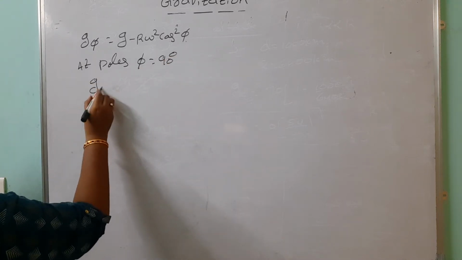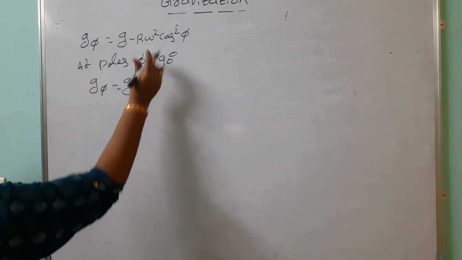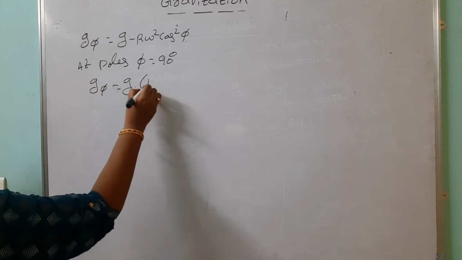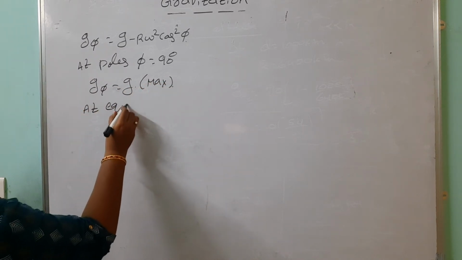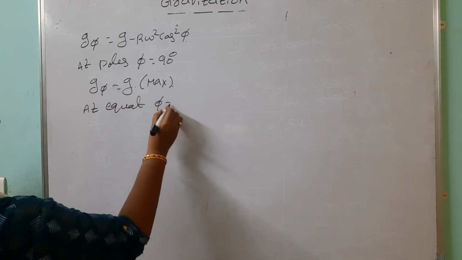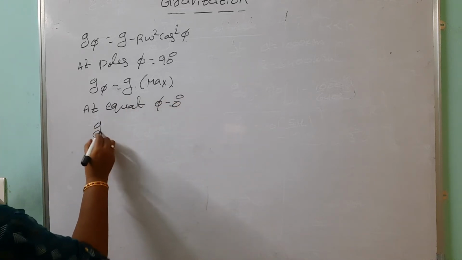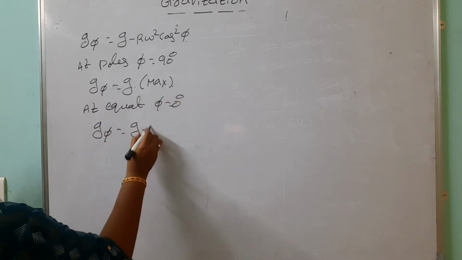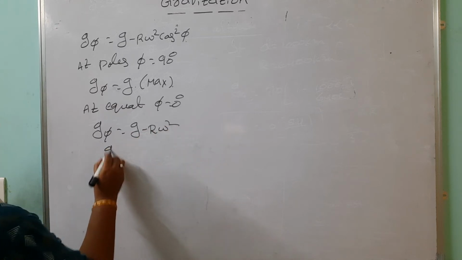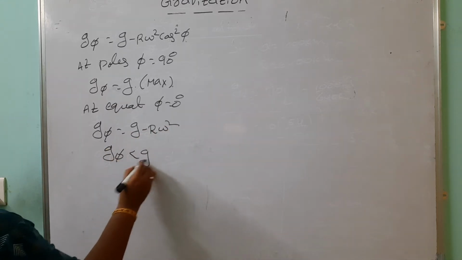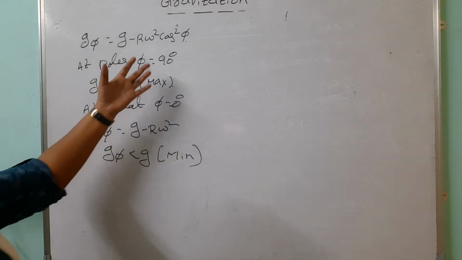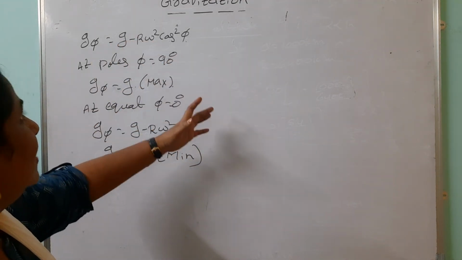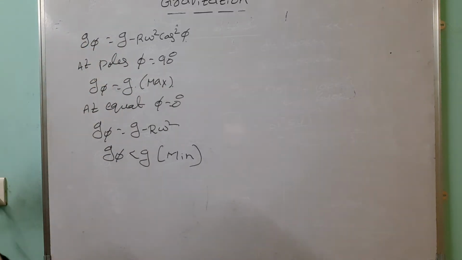Then g_phi equals g, because cos 90 is 0, and this is the maximum. Like that, at the equator phi equals 0 degrees, g_phi equals g minus R omega square. So here g_phi is less than g, which means this is the minimum. You must remember these formulas. Depending on the angle we can find the variation of g with latitude.